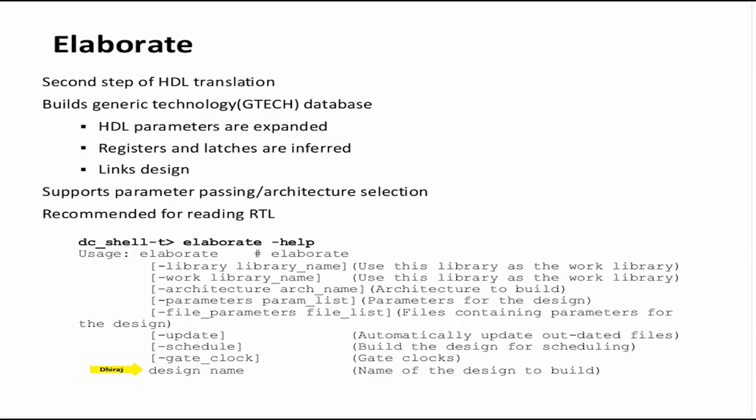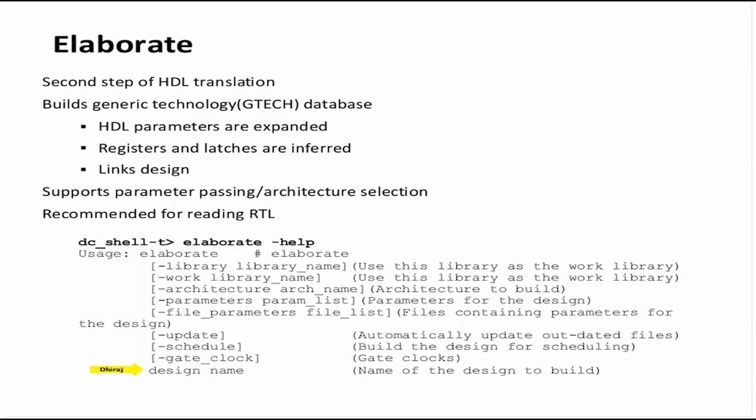You should be very clear about this concept: elaboration should be done on the level at which you want to perform the synthesis. So the design name here will be the module name of the top level. Once you start working in Design Compiler, or once you see a few examples, we have example videos later on, it will be very clear.